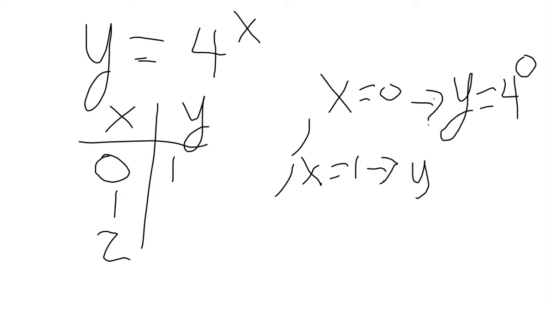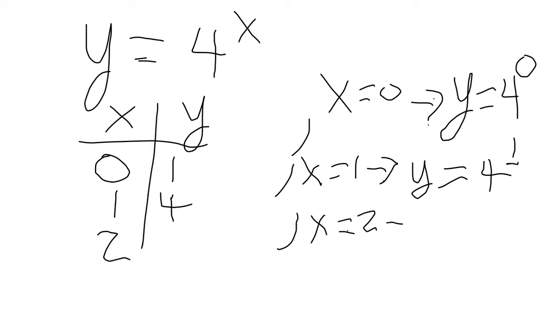We'll get the equation y equals 4 raised to the first power. Again, this is one of our exponent rules: anything raised to the first is just itself. So our y value here is just 4. Now we'll finish this up, going to x equals 2. That will lead us to the equation y equals 4 to the 2nd power. 4 squared is 4 times 4, or 16.